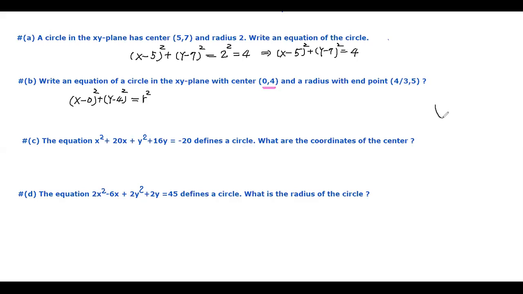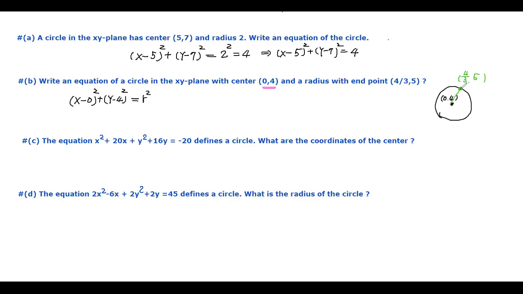I have a circle here, and the center is (0, 4). Then I have a radius, and a point on this radius. This point here is (4/3, 5). So they did not directly tell us.